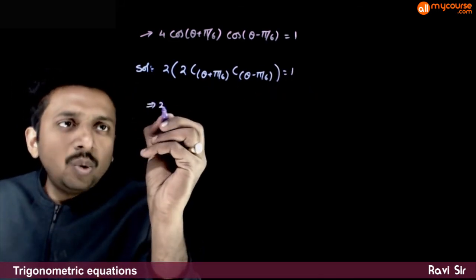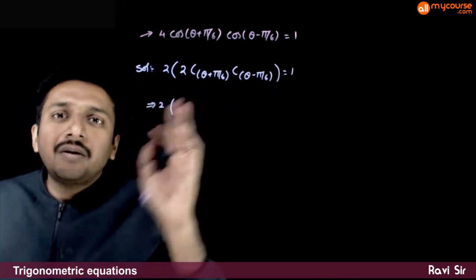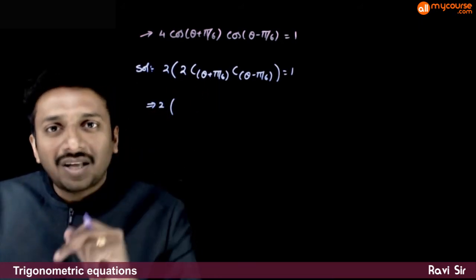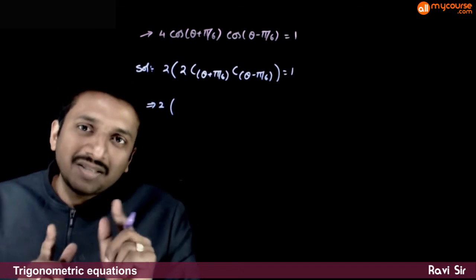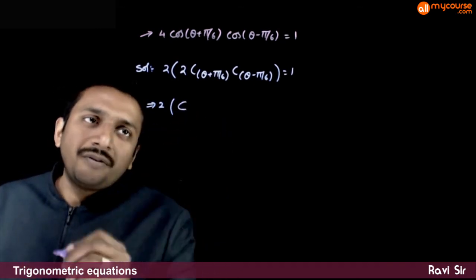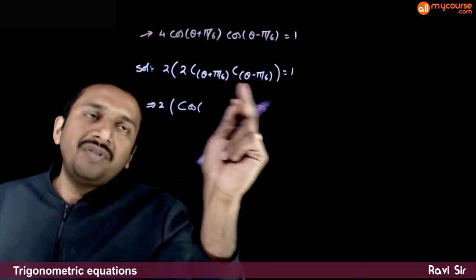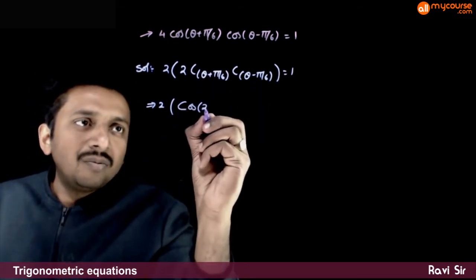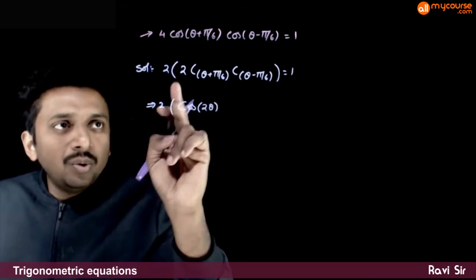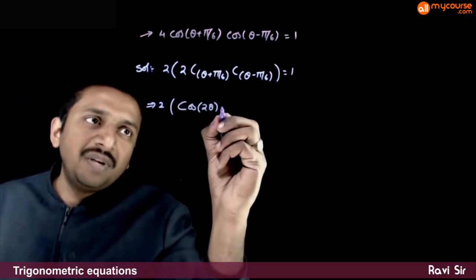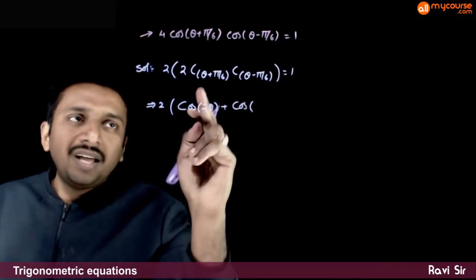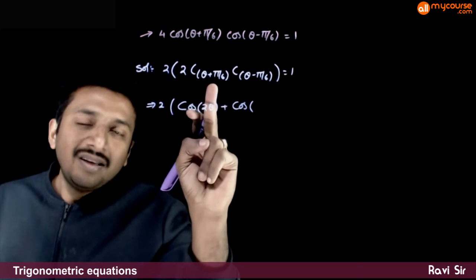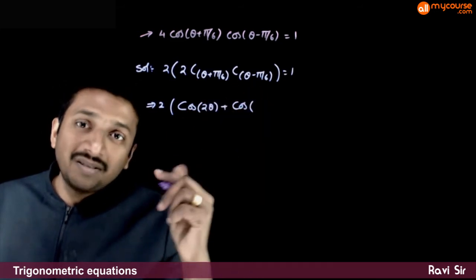This implies 2 times, what is 2 cos A cos B? You know the transformation formulas. 2 cos A cos B is nothing but cos(A plus B) plus cos(A minus B). If you add these two, pi by 6 and minus pi by 6 get cancelled, so you get 2 theta. If you subtract one from the other, theta and theta get cancelled, and pi by 6 minus of minus pi by 6 is pi by 3.